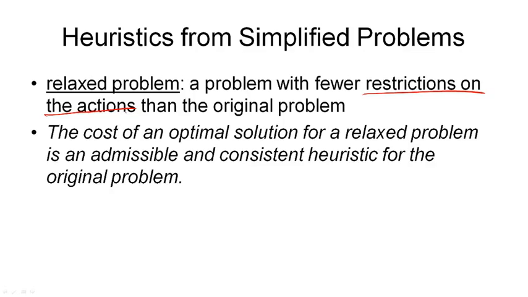We've only relaxed the restrictions on the actions. So an optimal solution for the relaxed problem can have at most as many steps as the optimal solution for our original problem, because that is a solution for the relaxed problem. In general, in our relaxed problem, we allow shortcuts to be taken with these relaxed actions that are not possible in our original problem. So if we take out these shortcuts, we end up with longer solutions.